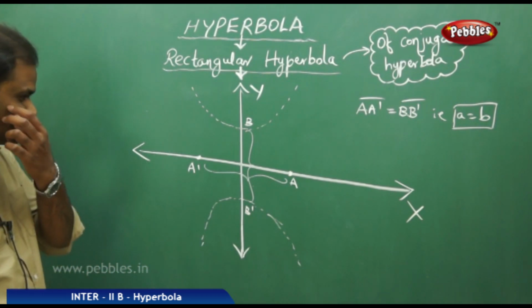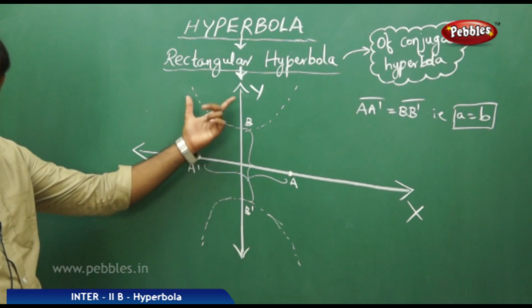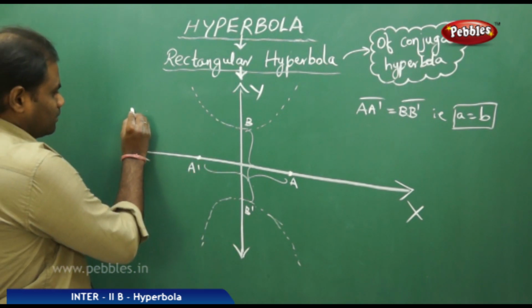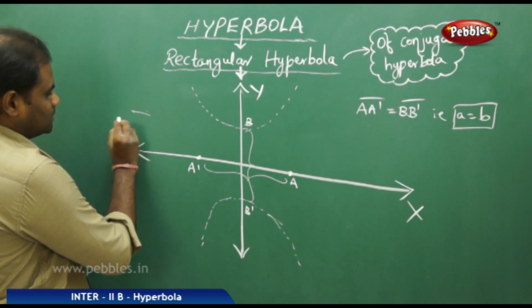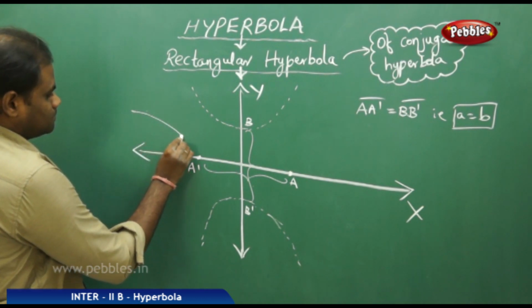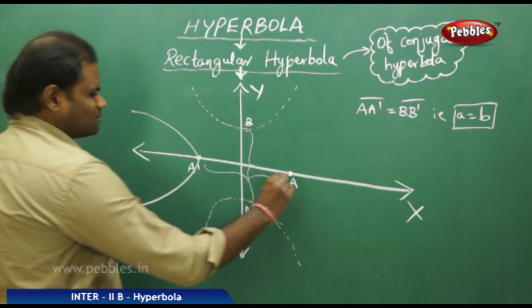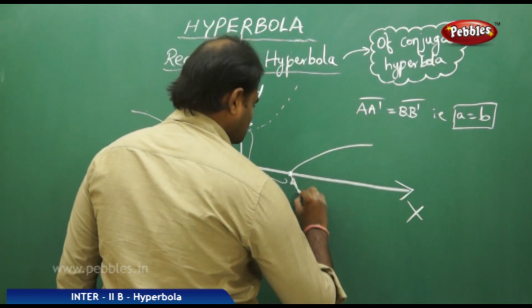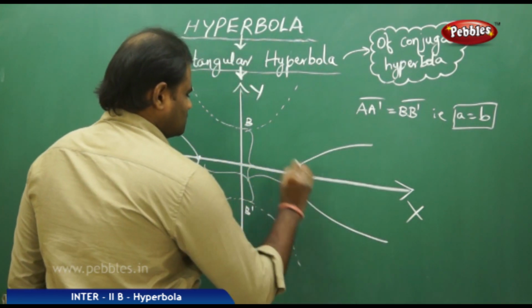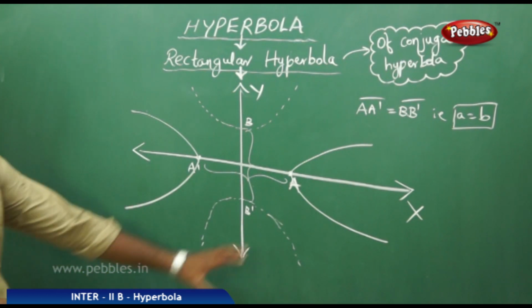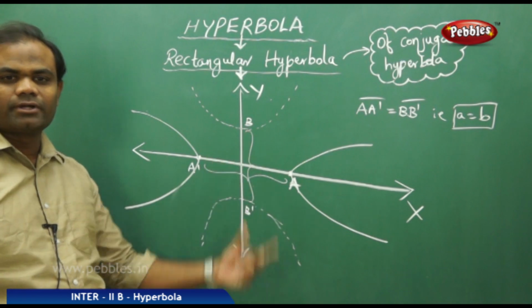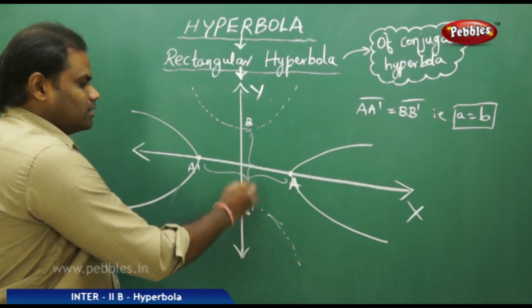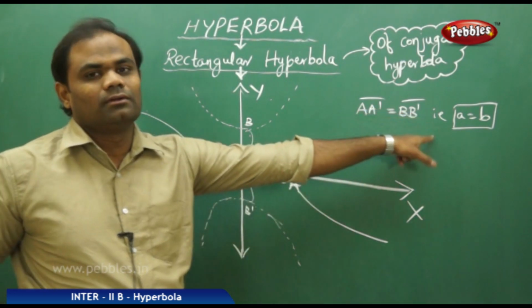Therefore, in case of the conjugate hyperbola being a rectangular hyperbola, both the hyperbolas pass through like this. This is the original hyperbola, and this is the conjugate hyperbola, which is also a rectangular hyperbola, provided this and this are equal.